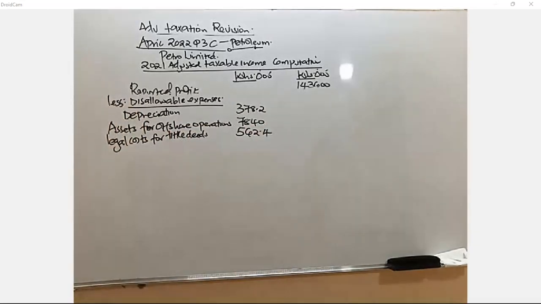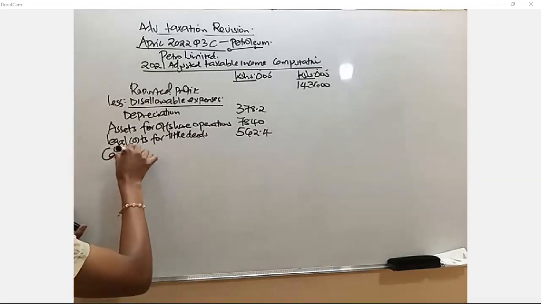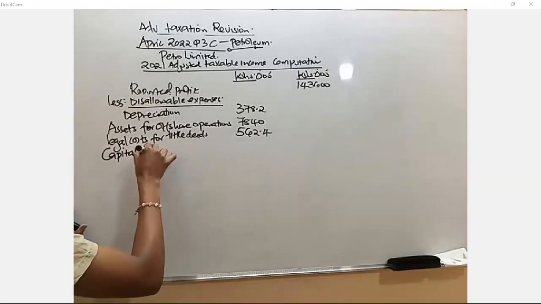Now we have dry hole contributions, an allowable expense. We have drilling and test of something there, an allowable expense. Capital losses from previous years. These are capital losses, an allowable expense.